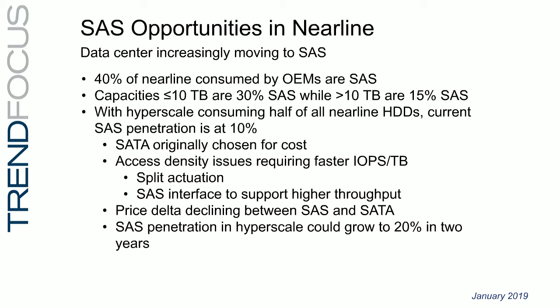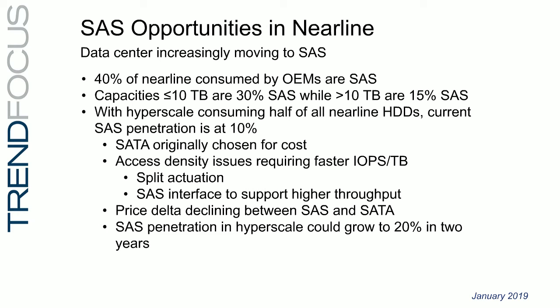Just to repeat the point, SATA was originally chosen for cost, but the thing that we think will drive greater opportunities for SAS in data centers is this issue about access density. For those of you that are not familiar with access density, if you think about a hard drive spinning at, say, 7,200 RPM or whatever RPM you choose, the IOPS, or input outputs per second, performance of that drive is essentially fixed regardless of what the capacity is.